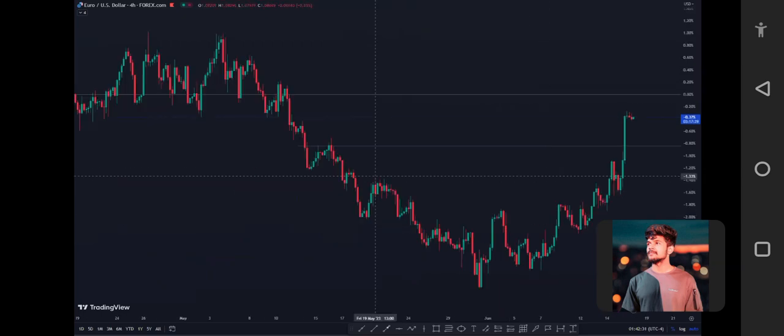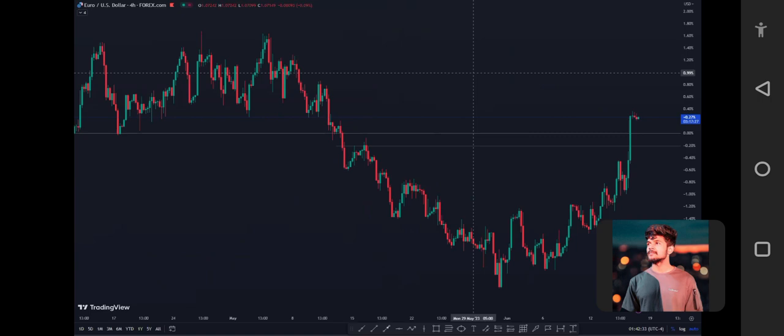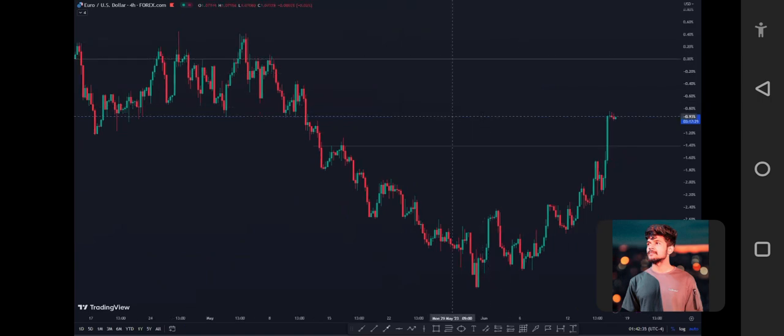Actually, to be truthful, this market maker buy model in the EUR/USD, I didn't notice that. Really, I didn't notice it. Yesterday in the ICT stream, when he mentioned this, my mind opened and I said, "What the fuck is that? How silly I am! How obvious is this? Why didn't I notice it?"